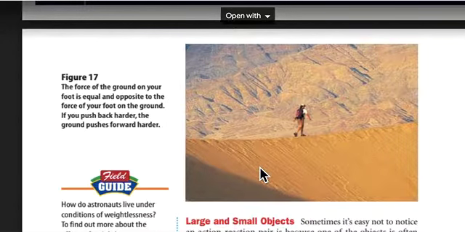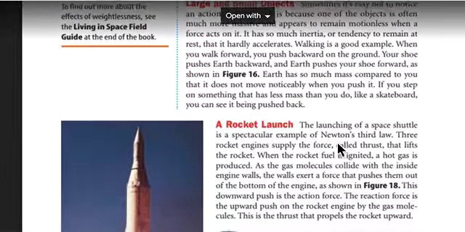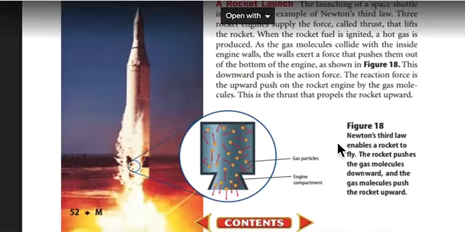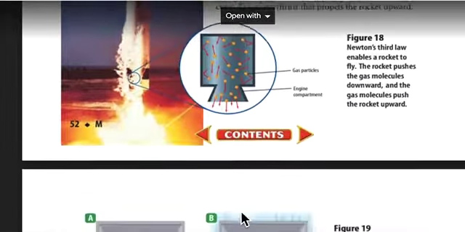You don't notice the Earth moving because it's a very large object with lots of inertia. But you move because the force moves you, but not the planet. Rockets, interesting enough: the rocket engine is pushing gas molecules down, and the gas molecules will push the rocket up.